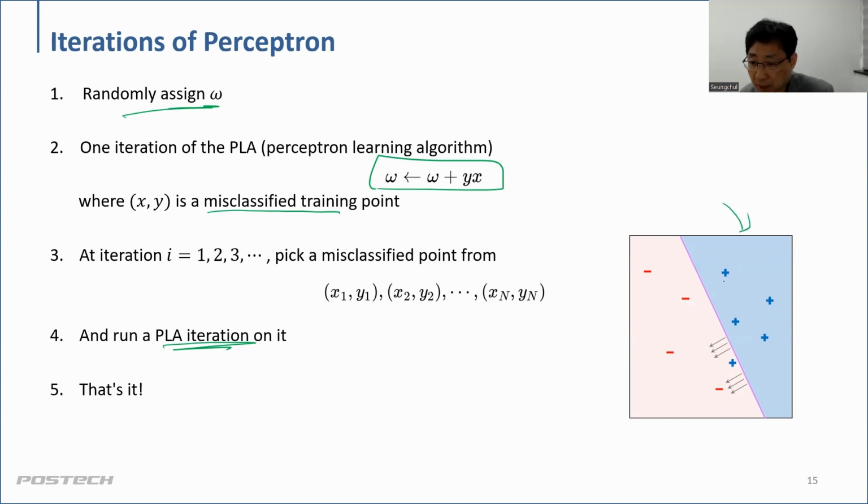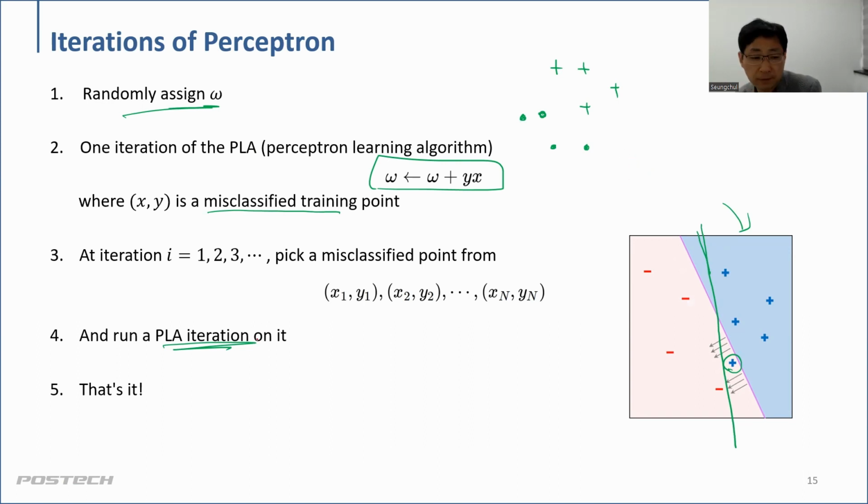And here, if you have any misclassified data points for the current linear classifier, then after the iterations, we're going to have this one as a classification boundary, right?